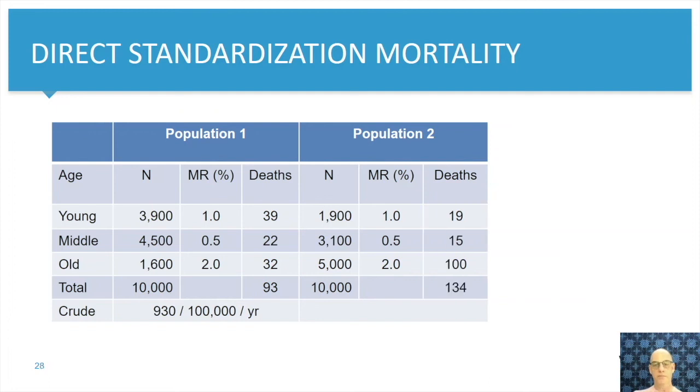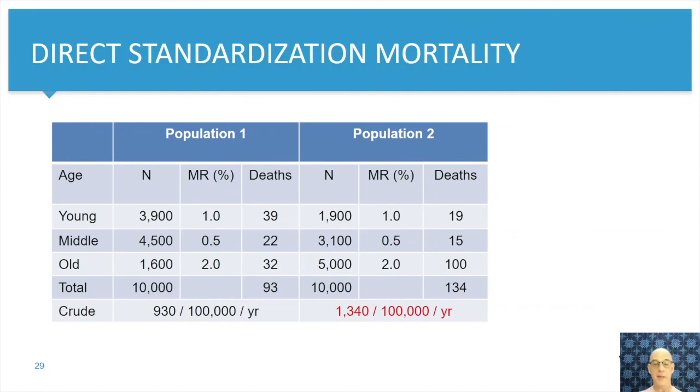But the number of deaths that we now expect is 134, or in other words 1,340 per 100,000 population per year. So although the risk of dying is exactly the same in population 1 and population 2, the number of deaths that I see is different.